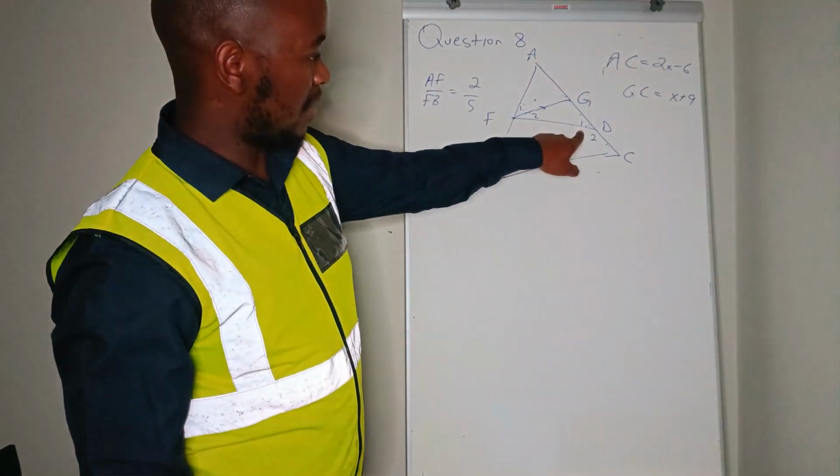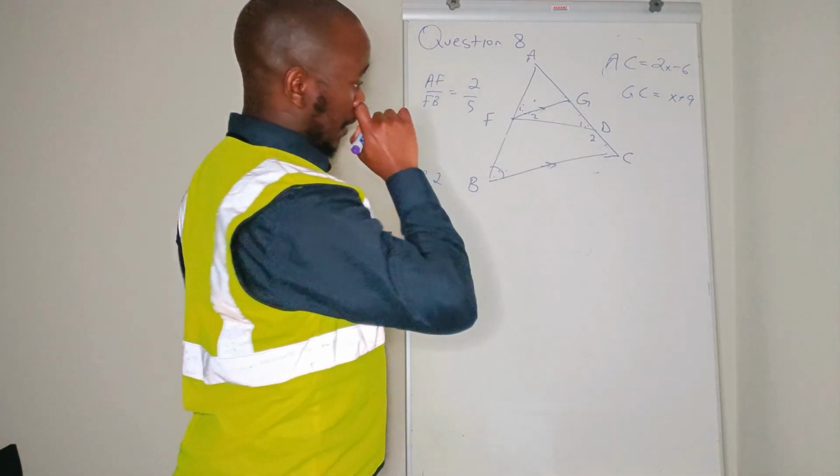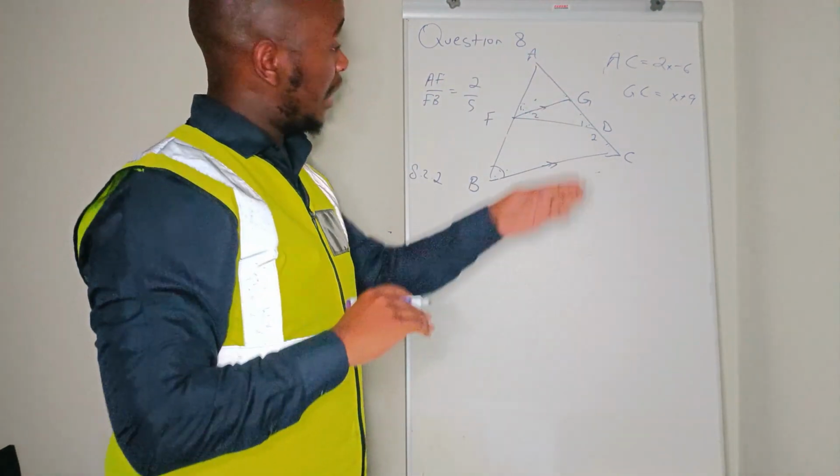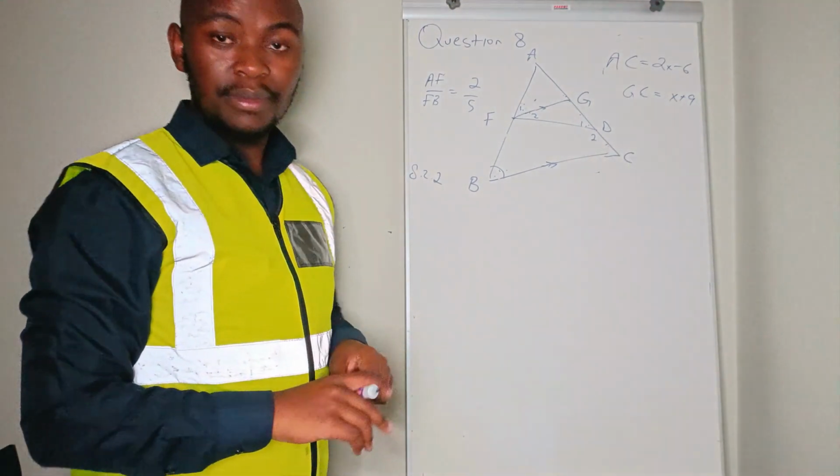I'm not talking about FD in here, I'm talking about ABC, and then we have a line FG that is from this side to that side. And if it is parallel to this, then we have proportionality. What does proportionality mean?